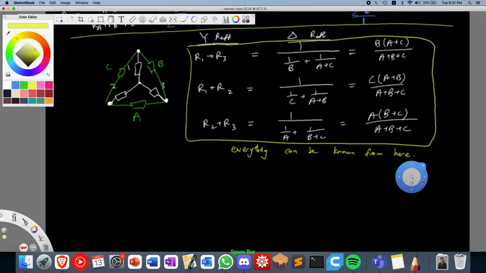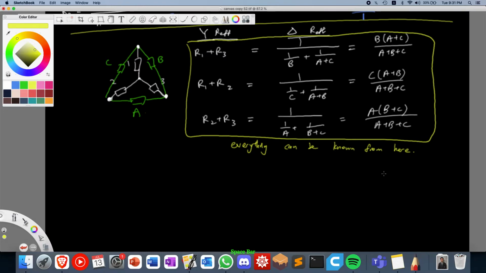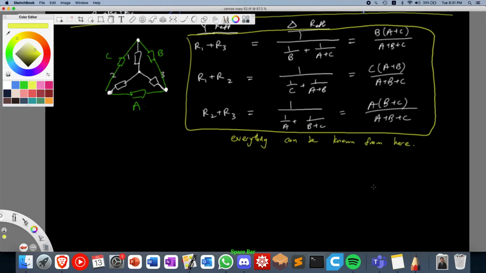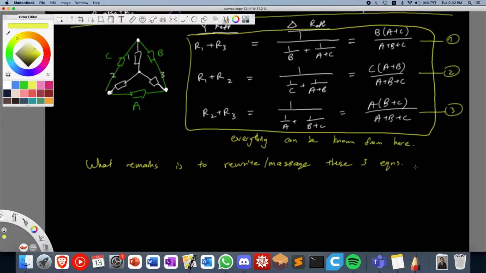These are the three God equations in a sense. They govern everything. So what remains is to rewrite or massage these three equations, 1, 2, and 3, into two things.